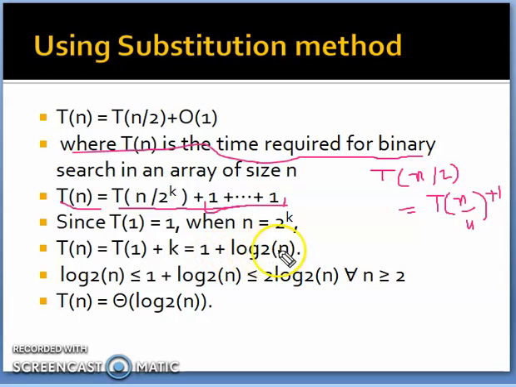So 1 plus log n is what we are going to get, and since log of n is less than or equal to 1 plus log of n, which is less than or equal to 2 log n, therefore we say that theta, that is the upper and the lower bound, log of n is going to bind the function that we have defined, and therefore this is the complexity of the binary search method.